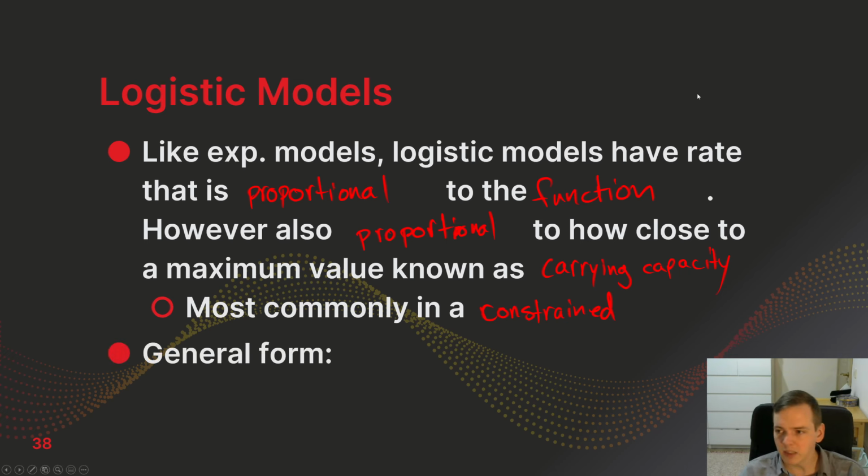properties. The general form of the logistic model is the change in population divided by the change in time, or the derivative, the rate, is equal to some rate constant times the population times 1 minus P over K, where this K is the carrying capacity.